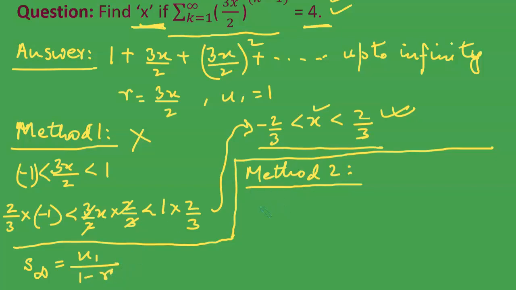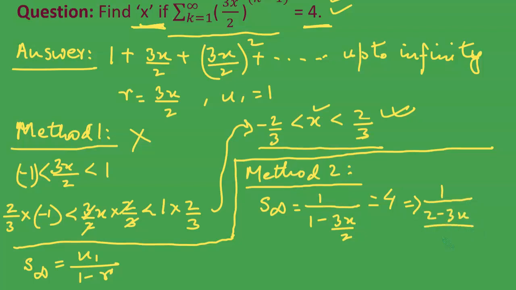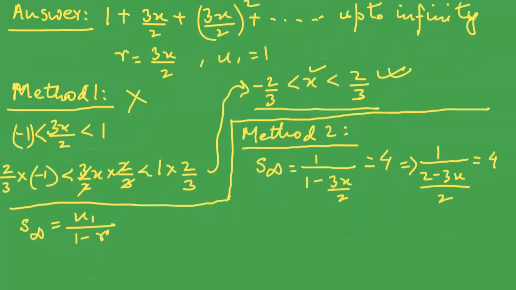So, S infinity equal to U1, which is equal to 1, over 1 minus r, which is 3x over 2. This should be equal to 4. So, 1 over 2 minus 3x over 2 is equal to 4, or 2 over 2 minus 3x is equal to 4.